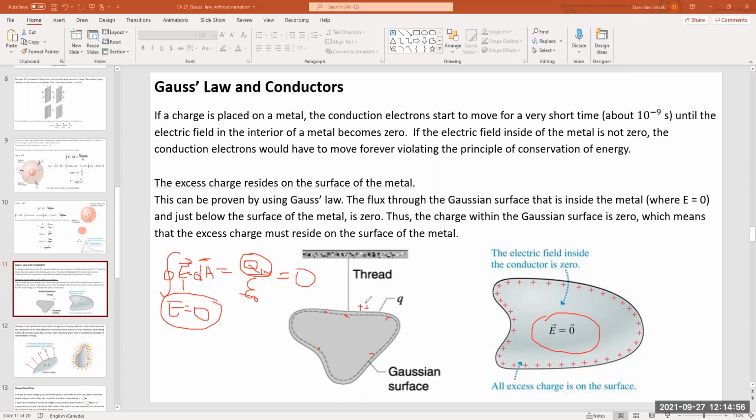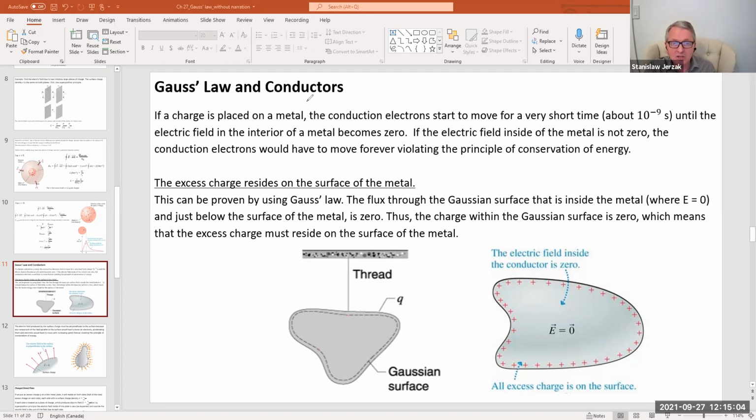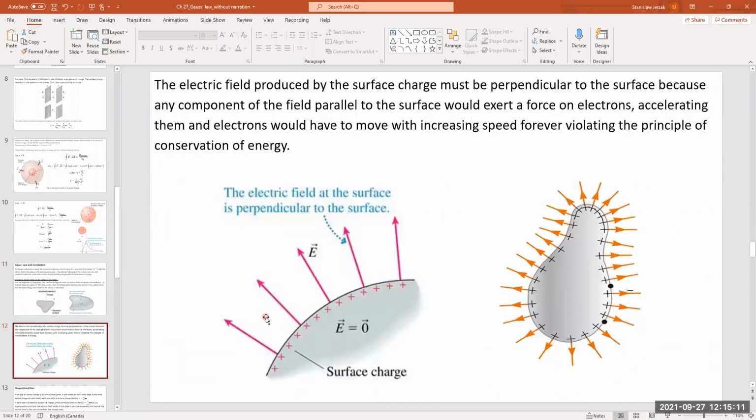Of course, if I would like to calculate the electric field produced by that charge, which was your question, it's not the purpose of what I'm teaching now. But if I would like to calculate the electric field outside, then of course you would have to take the Gaussian surface outside.